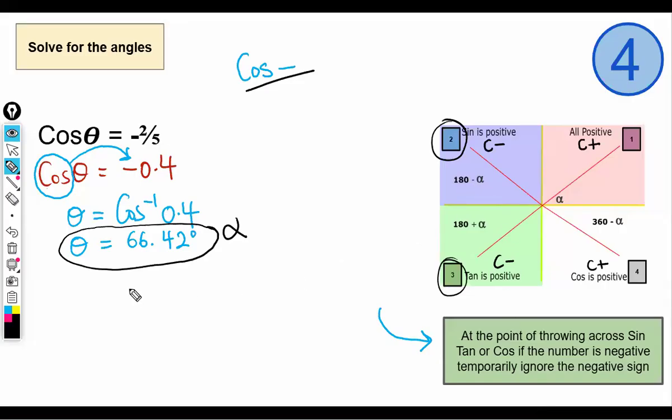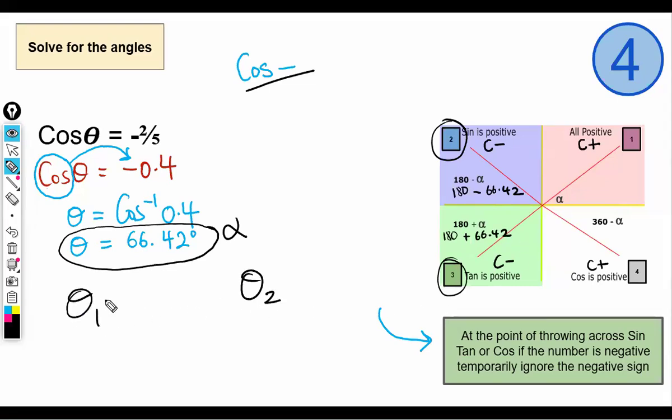So the two formulas in region 2 and region 3 are 180 minus alpha, so 180 minus 66.42, and the other one in region 3 is 180 plus 66.42.